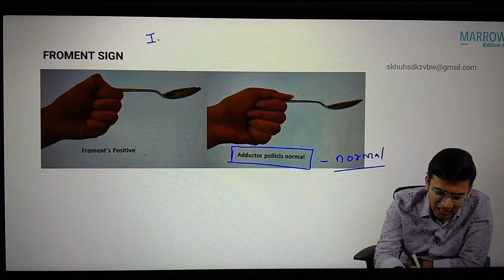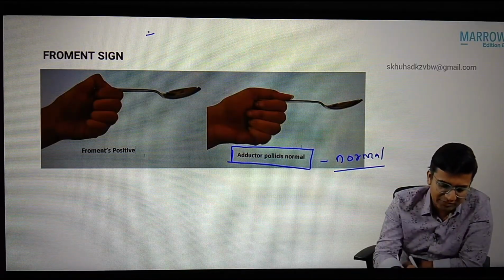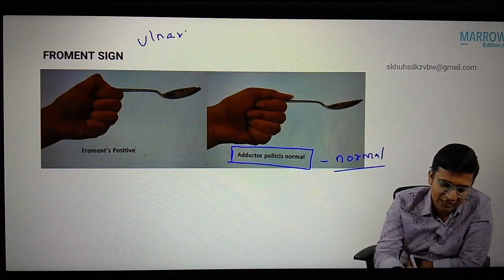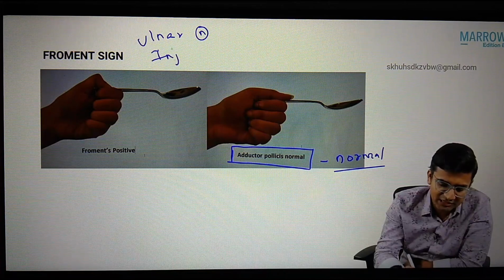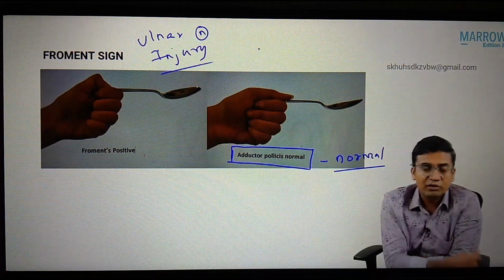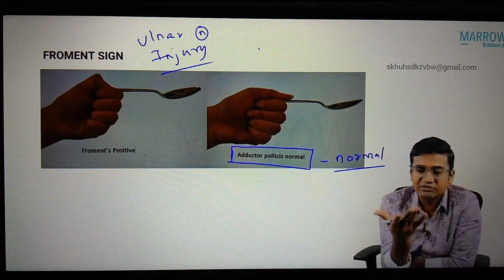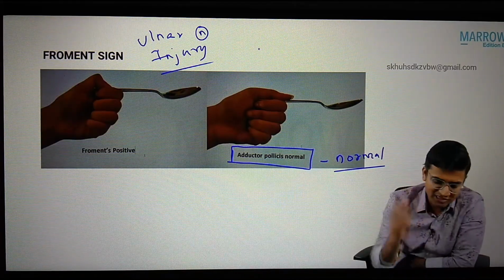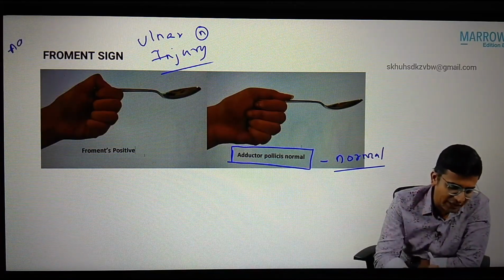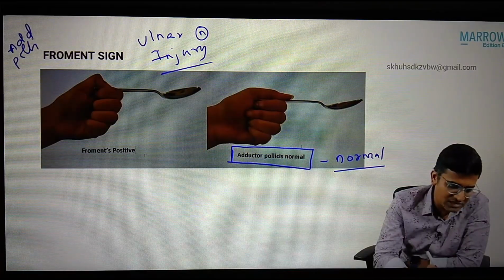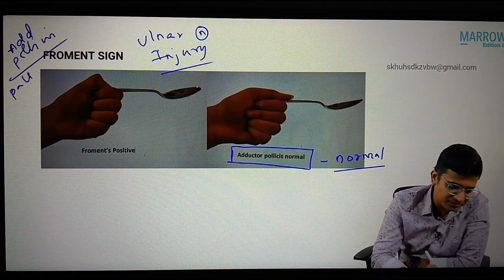Now, in the case of ulnar nerve injury, the patient has ulnar nerve damage. Initially, the patient has some difficulty holding the object between the thumb and index finger because the adductor pollicis muscle is not working. That muscle is paralyzed.